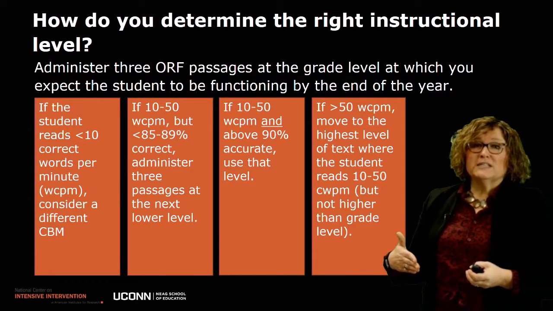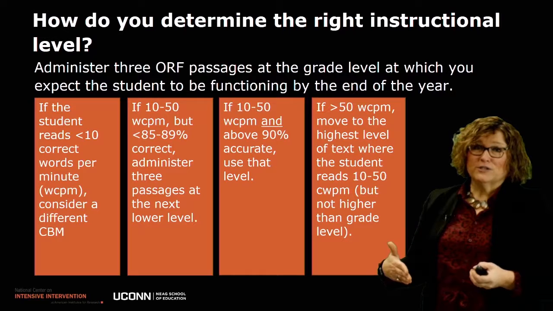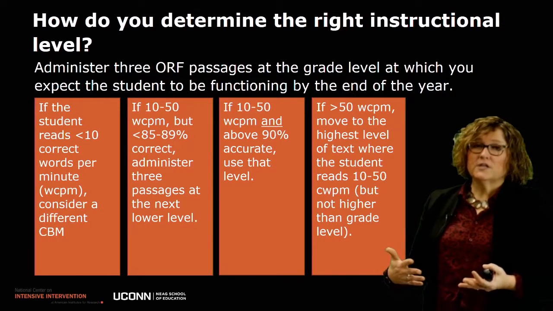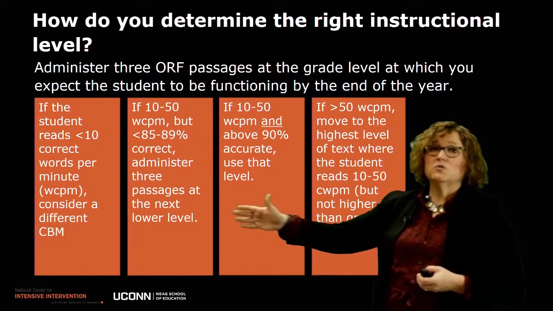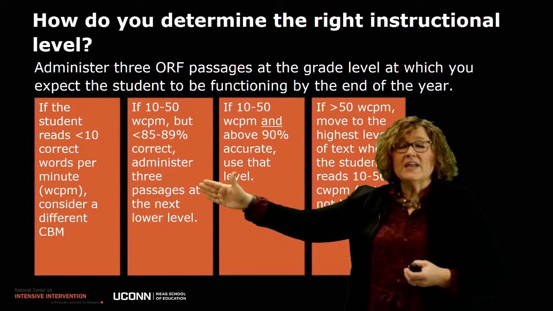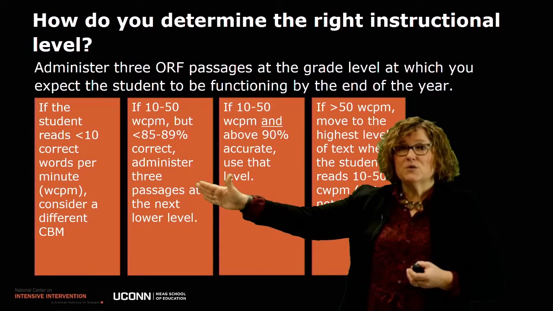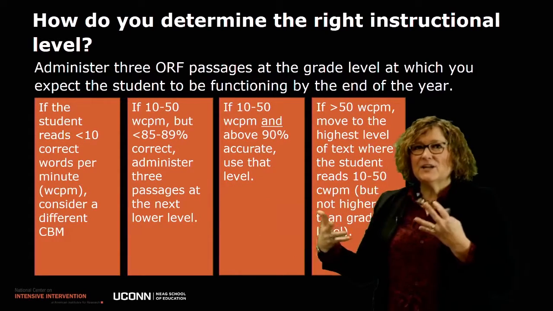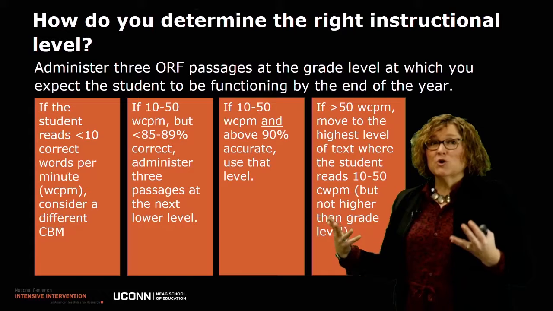If the student reads less than 10 correct words per minute, you probably need to consider a different CBM. That's really too low. Those measures are too difficult. If they read between 10 and 50 words correct per minute, that's getting where we need to be for words correct.